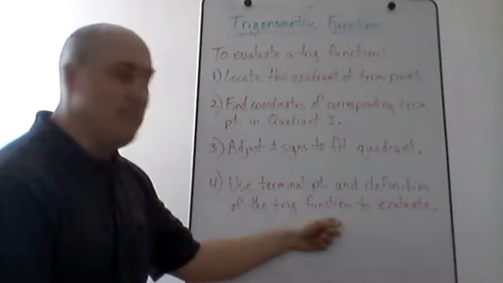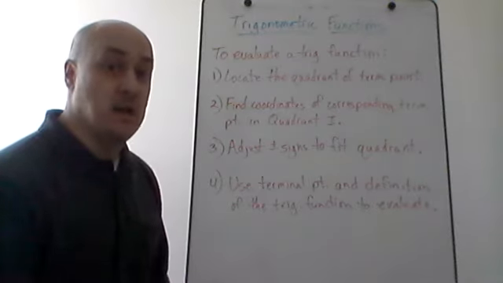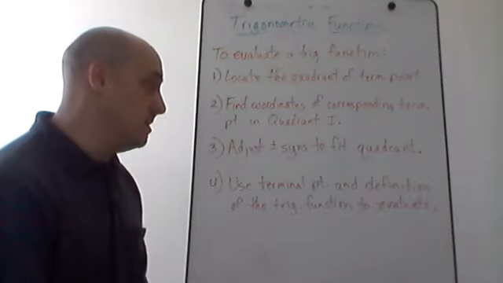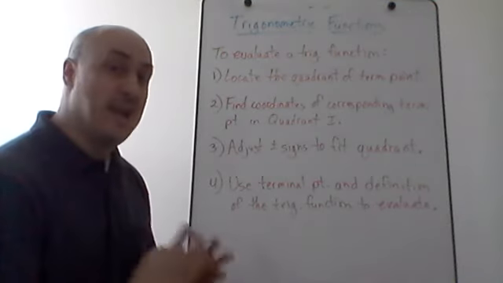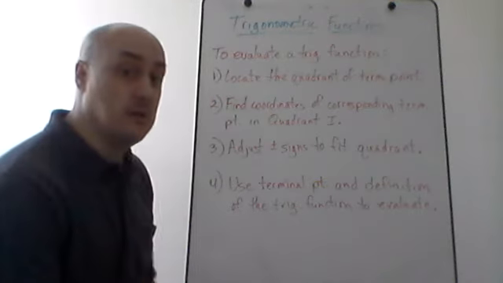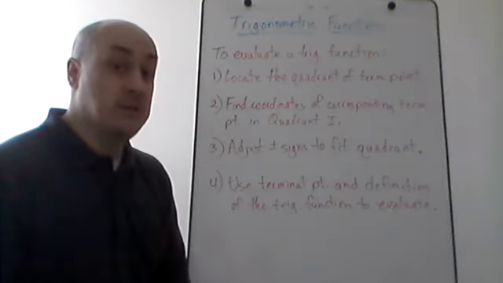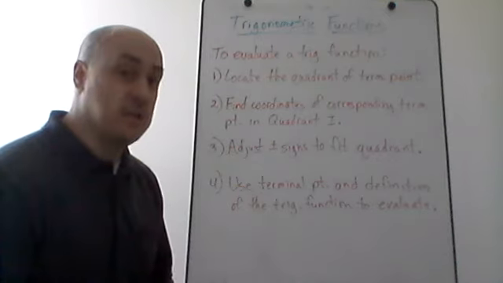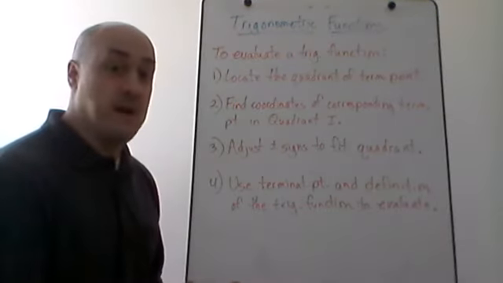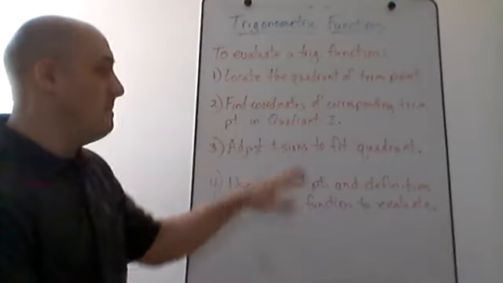I did another video on the definitions of the 6 trig functions. So you need to know those 6 definitions in terms of the terminal points, the x's and the y's, and you need to be able to find the terminal point on the unit circle in order to evaluate a trig function. There are two different parts that are both equally important. So those are our basic steps.